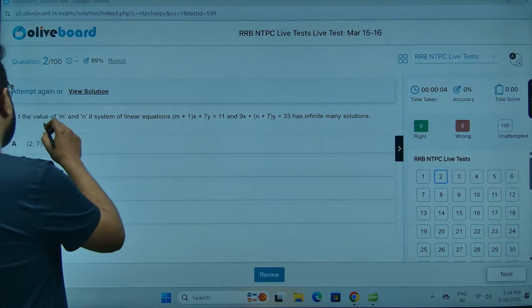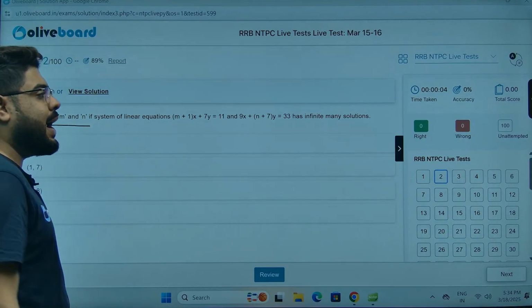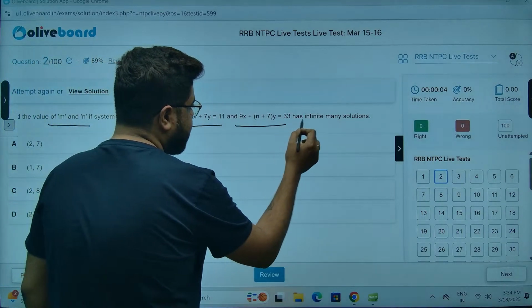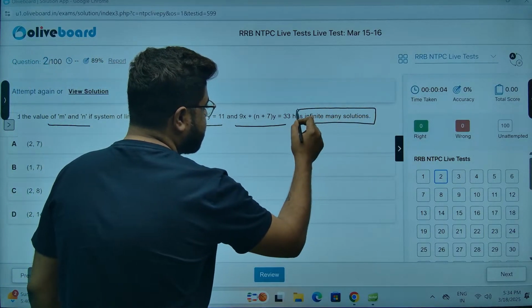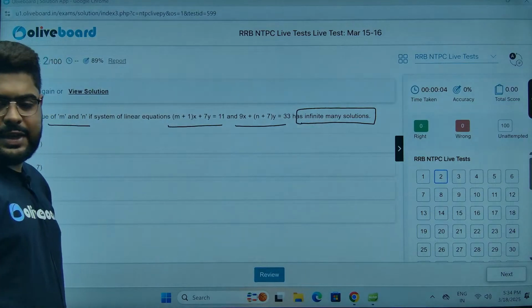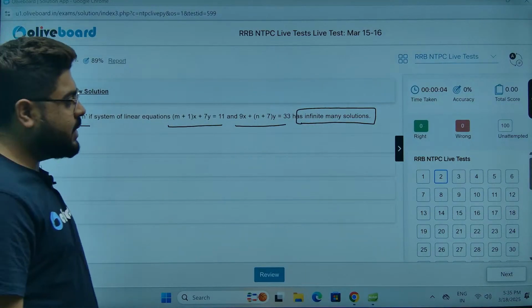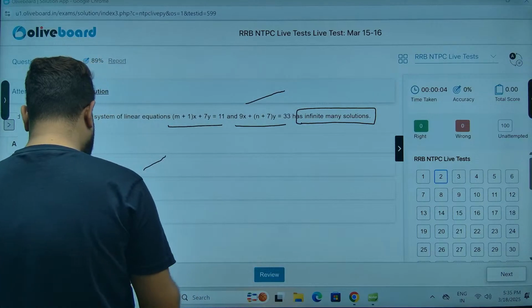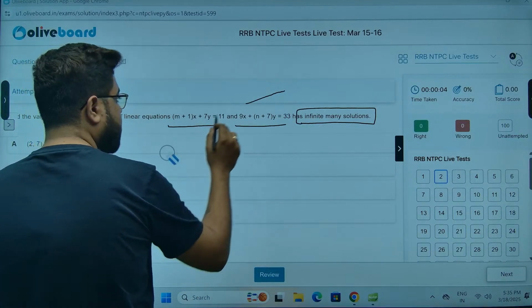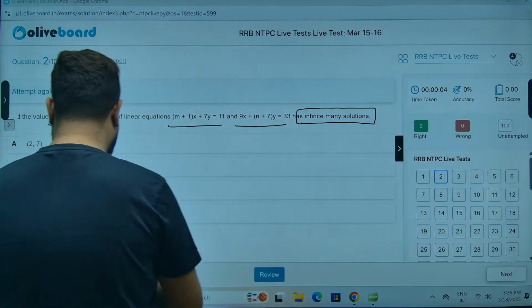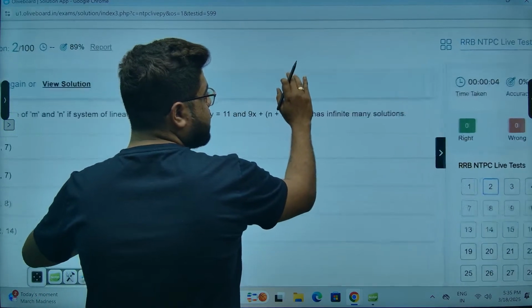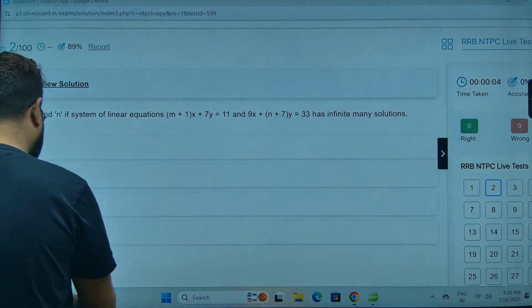For what value of m and n does the system of linear equations have infinitely many solutions? What is the condition for infinitely many solutions? Let's zoom in a little bit so you can see it better.